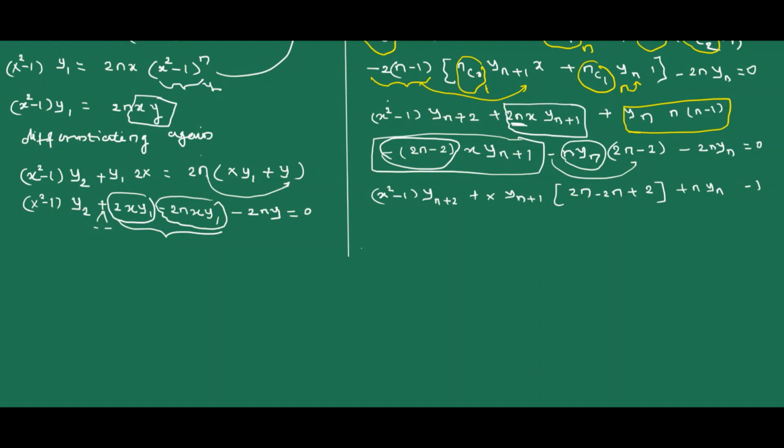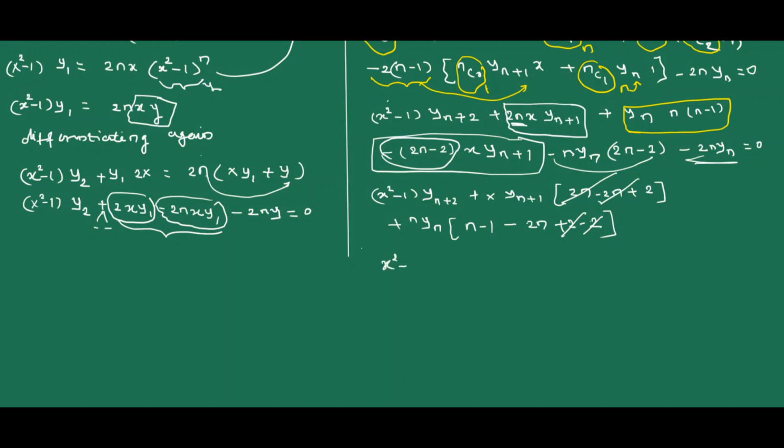So better I will write here, that is plus n yn is common, we are left with (n minus 1), and in the second case here we are left with minus into 2n. This minus into 2n is minus 2n, and minus into minus 2 is plus 2, and yn if we take common, at last here we are left with minus 2, where plus 2 and minus 2 get cancelled. Here plus 2n and minus 2n get cancelled.